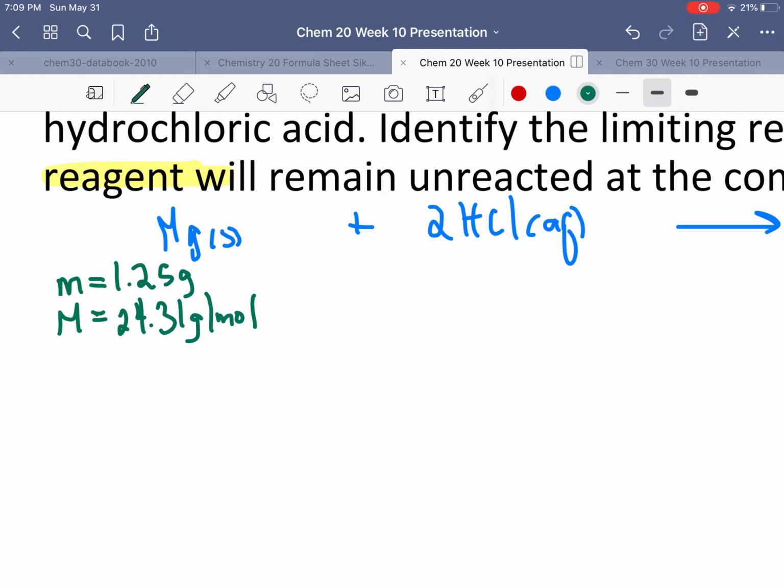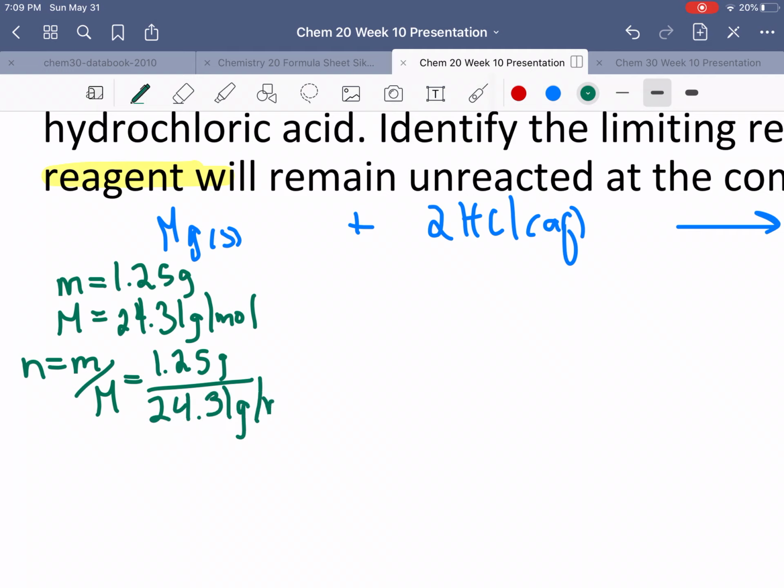So let's go through that process. n is equal to mass over molar mass. As per usual, show your work, show your units. 1.25 grams divided by 24.31 grams per mole. Don't do any sort of rounding, guys. There's going to be lots going on here, so have your full numbers ready to go. 0.051419... moles. There we have it.